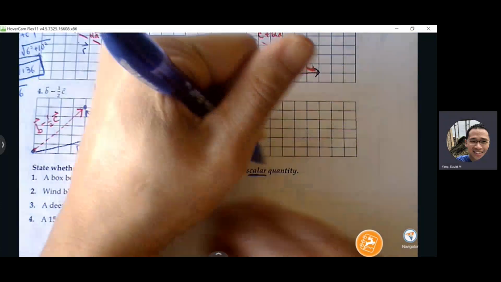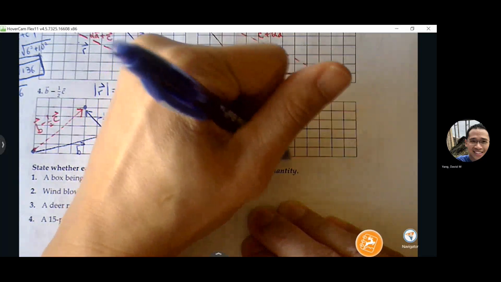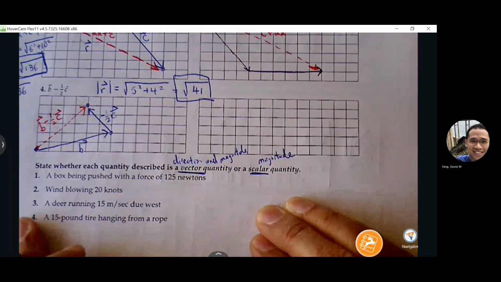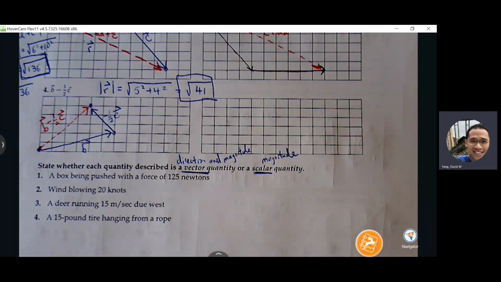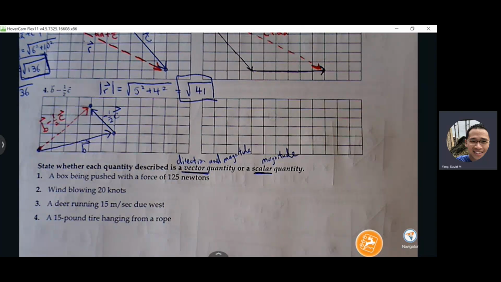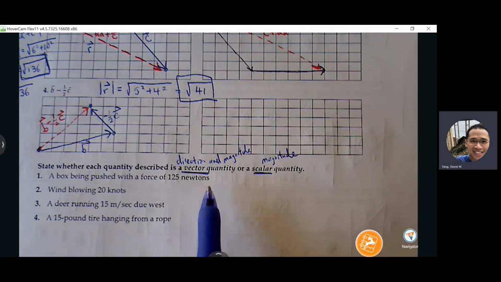But a scalar only has magnitude. That means a scalar quantity just tells you how much it is, but doesn't give you any information about which direction it's moving. But vector has both.